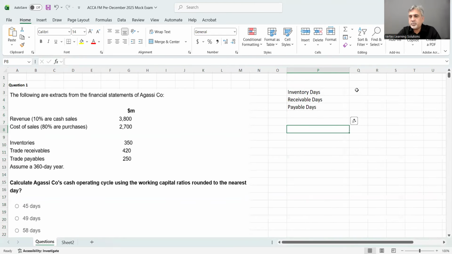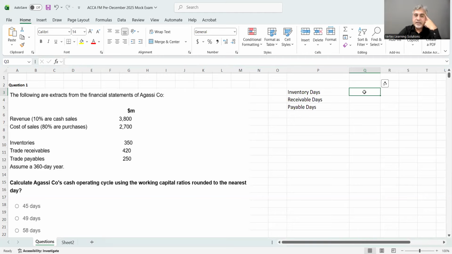How do we do that? Inventory is 350 million, receivables are 420 million, and trade payables are 250 million. And pay attention, assume a 360-day year.